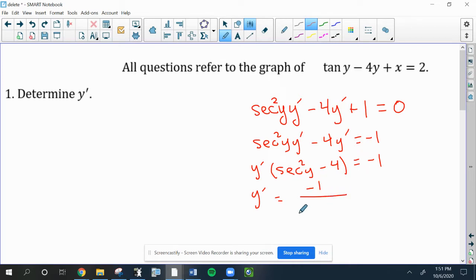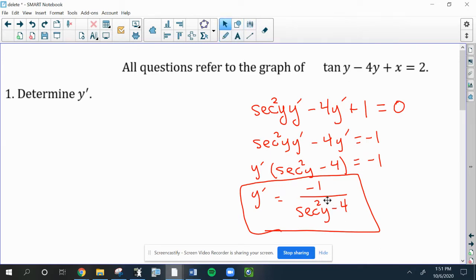And we have y prime. So this is going to be useful to a lot of the problems coming up.